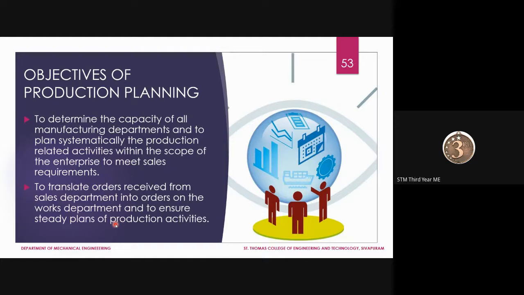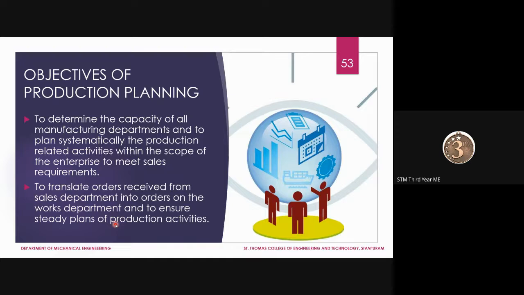But if the sales demand is lower, you don't have to increase the level of the production cycle, and you can build that product leisurely over a particular set of time. So that is also one of the objectives of production planning.